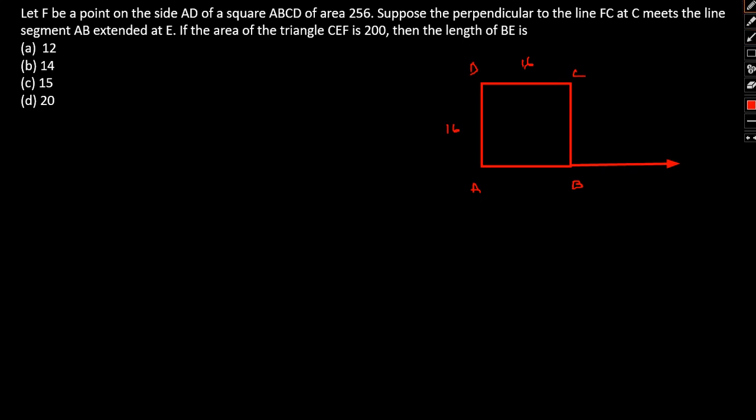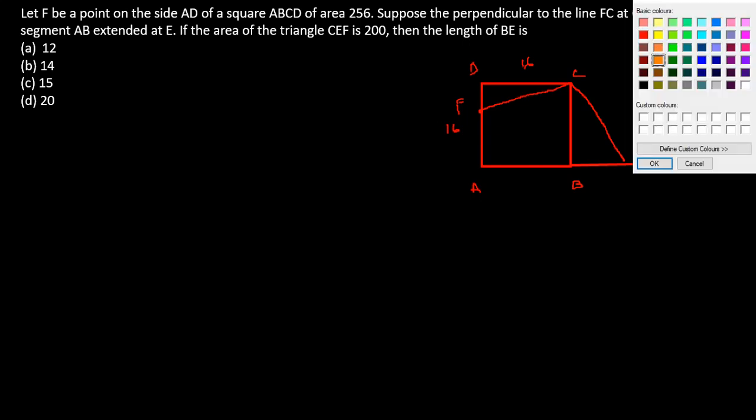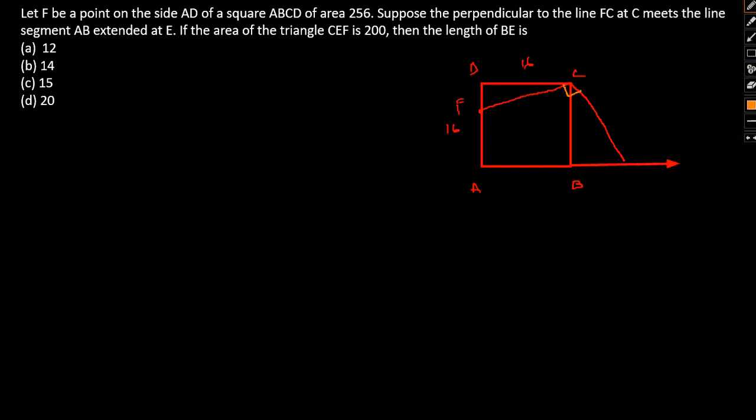So let this point be F, and we have a line FC. Suppose the perpendicular to the line FC at C meets the segment AB at E. Okay, so this is 90 degrees, and this point is E. I hope this much is clear.